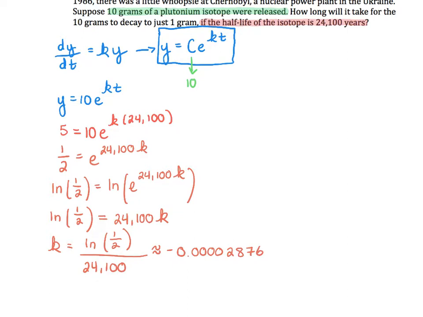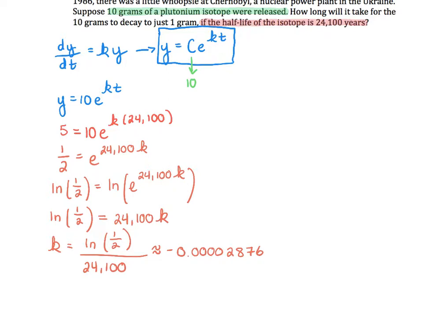And so think about what that's saying. If k is the constant of proportionality, that's basically telling us how much the quantity decreases by every year, by what percentage. So this decreases by a very small, teeny tiny percentage every year, which kind of makes sense because we know that the half-life is over 24,000 years. So we should get a very small percentage here.